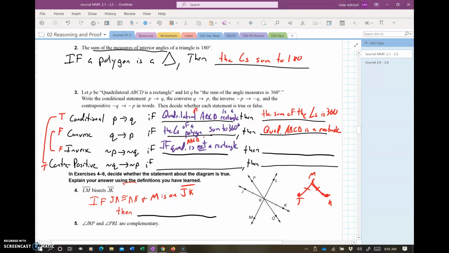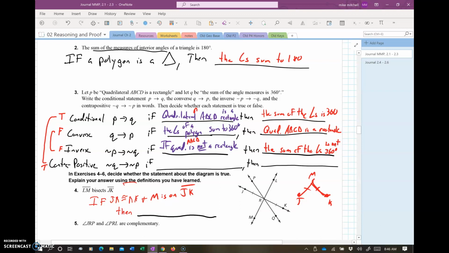That's the only difference from the conditional. I'm going to do the same thing for the conclusion. Then the sum of the angles is not 360 degrees.